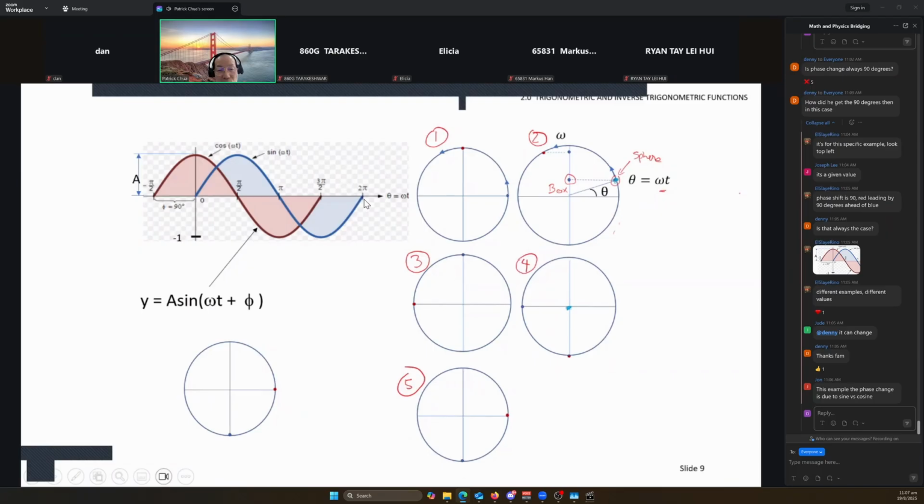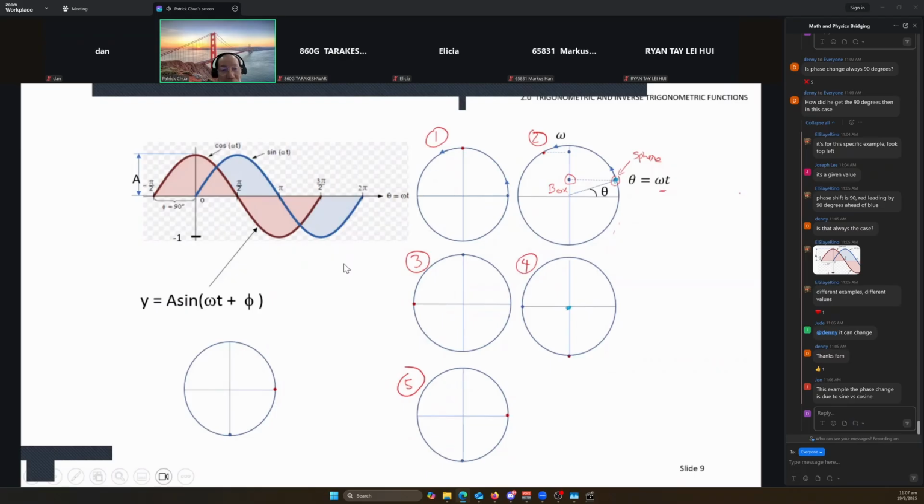So we say that the red waveform has shifted to the right. So there's a phase shift to the right. We call it a phase shift. That's how we use the word phase shift.